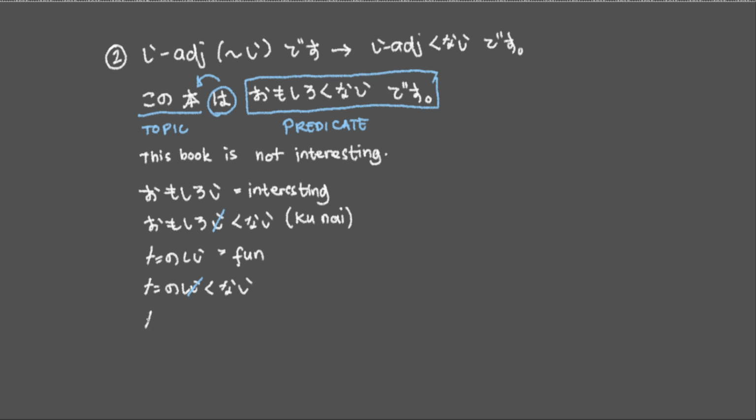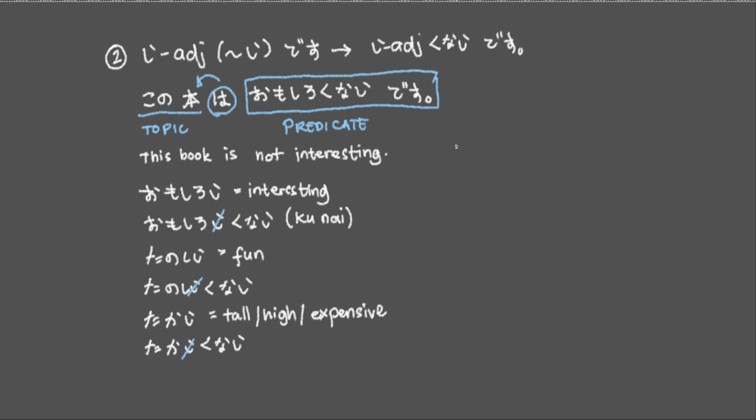We also have 高い, takai, tall, high, expensive. Takai becomes takakunai. So that is the negative form of our e adjectives.